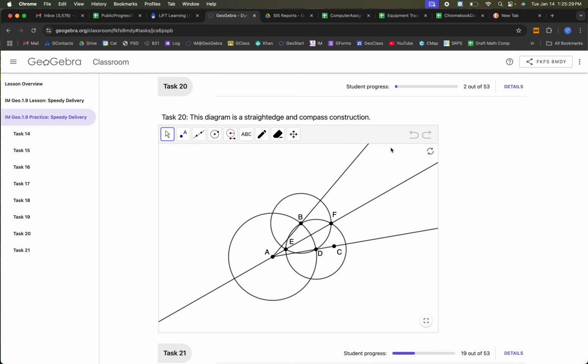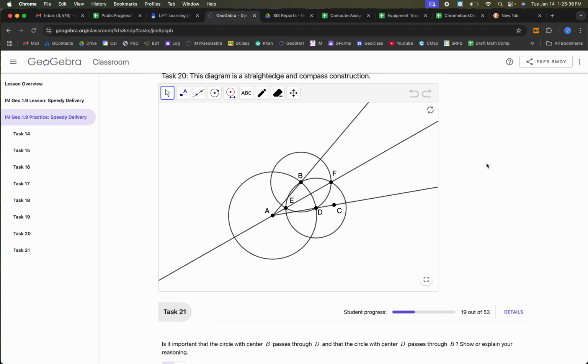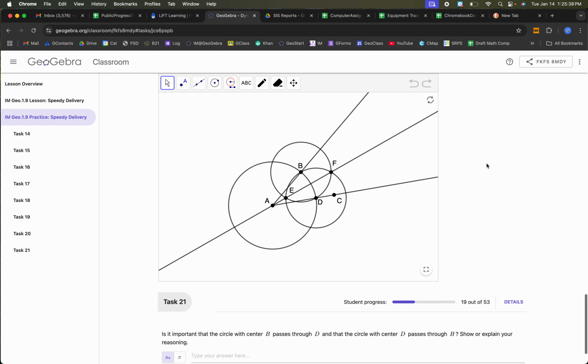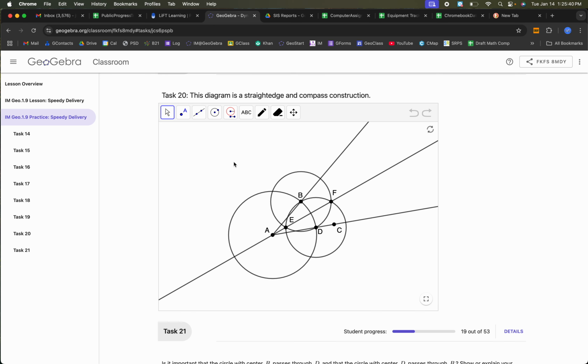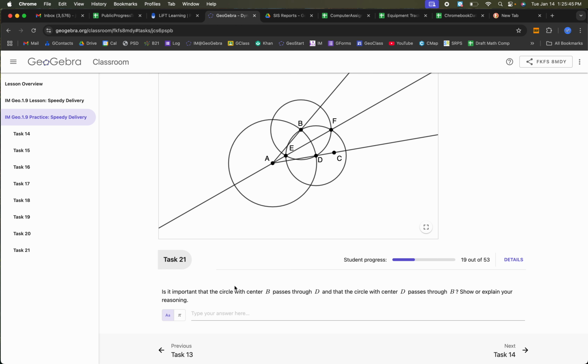Task 20. This diagram is a straight edge and compass construction. All right. So task 20 is just the diagram. The question is actually for 21, right?